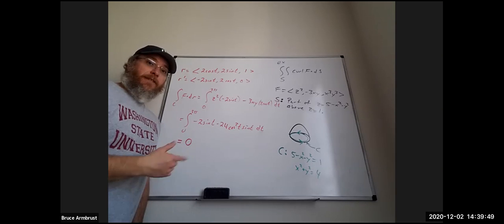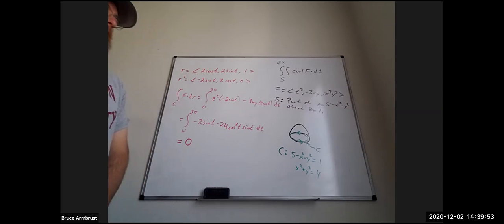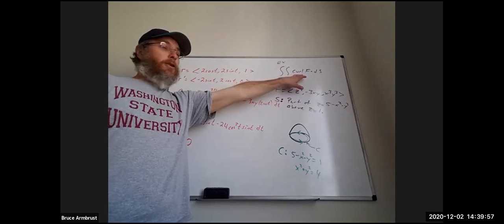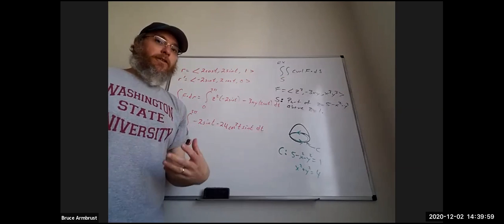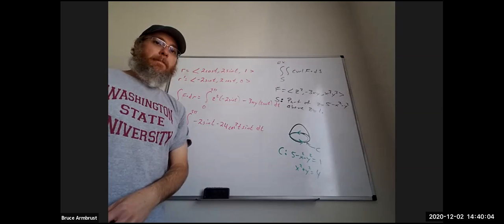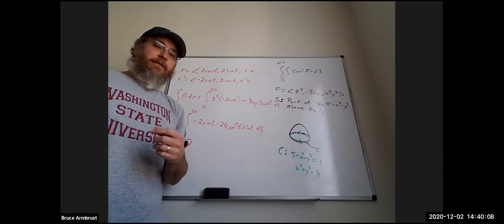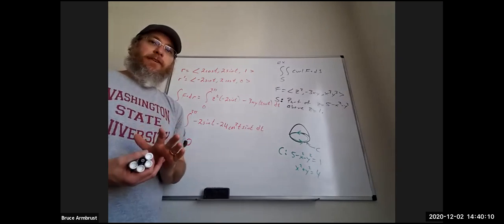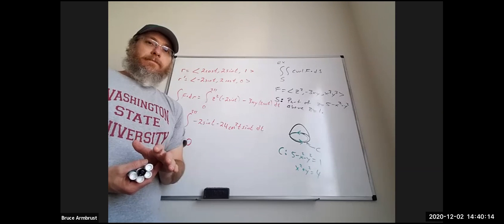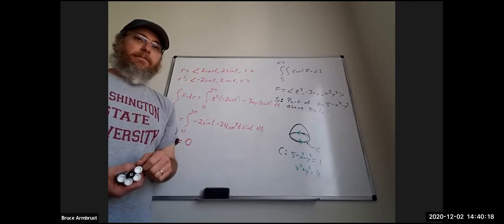In terms of the surface integral, it means that there's no flux of the curl of F, which basically means the net rotation over that surface is 0. So that's what that would mean in that regard.